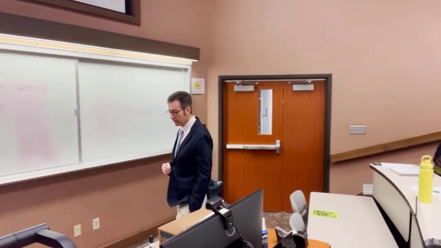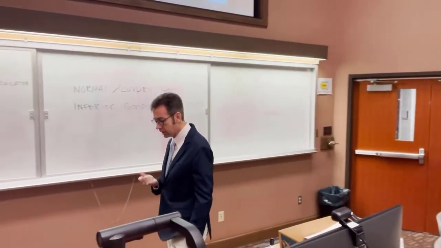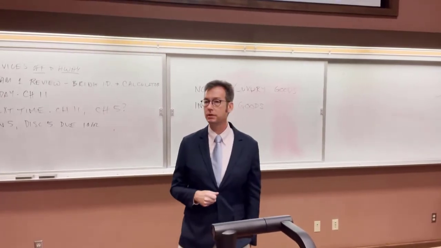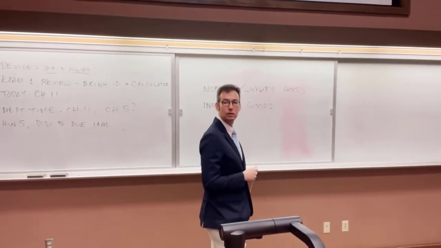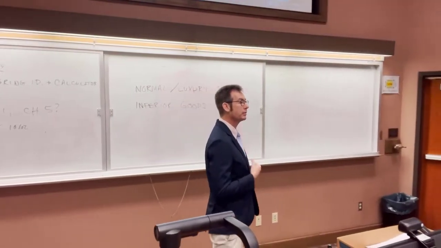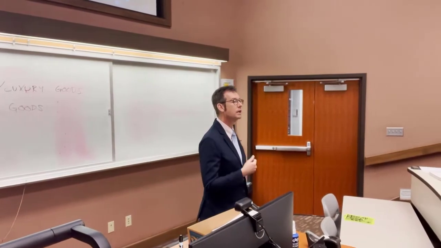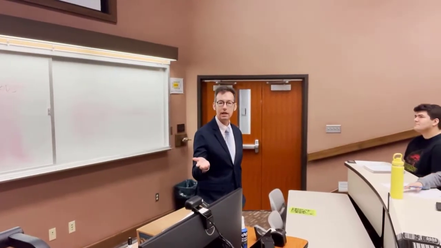Now let me give you another example of an inferior good. Cheap liquor. Why do you think people drink more during bad economic times? Stress. So they're trying to forget their troubles. I'm not recommending this path for you, but this is what people do.